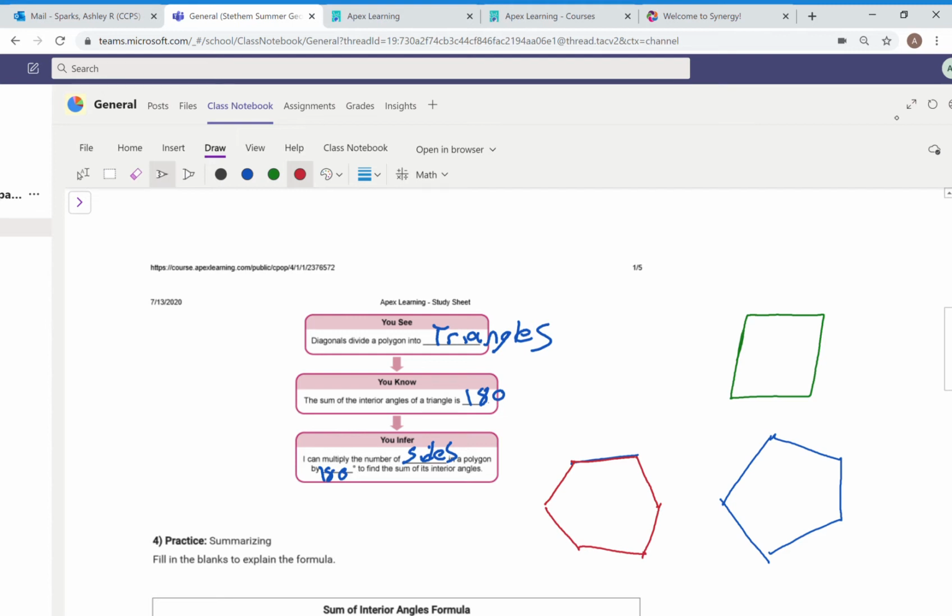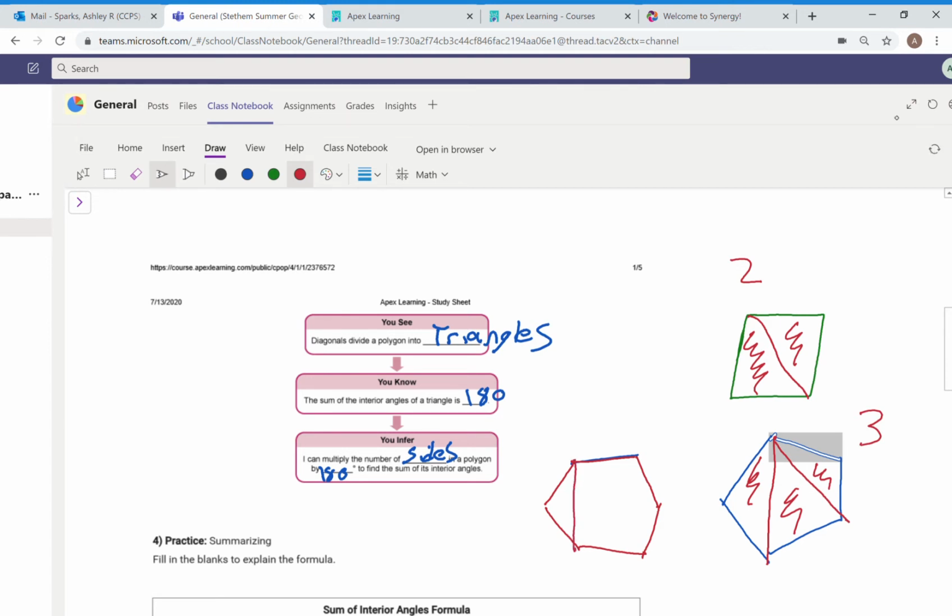So I have my square here. I cut it in half and I have two triangles. Here I have a pentagon. So I can cut it here and then send this one over here, and I'm left with three triangles. Finally, I have this hexagon, which is 6 sides.